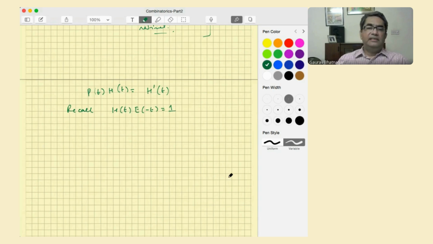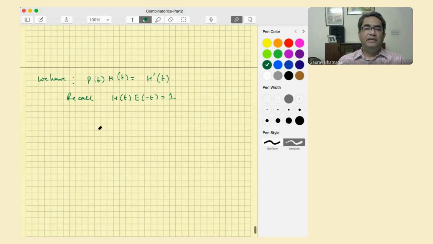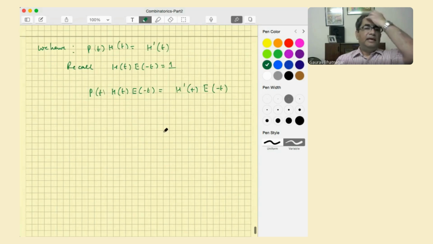So what one does is we multiply both sides by e(-t). So you get p(t) h(t) e(-t) is equal to h'(t) e(-t). And again, this is equal to 1.